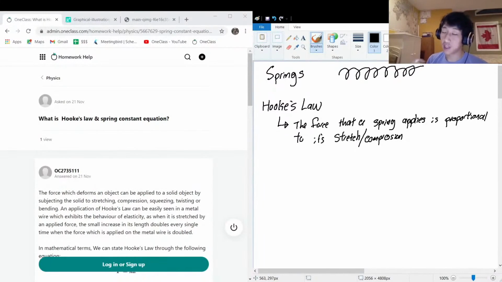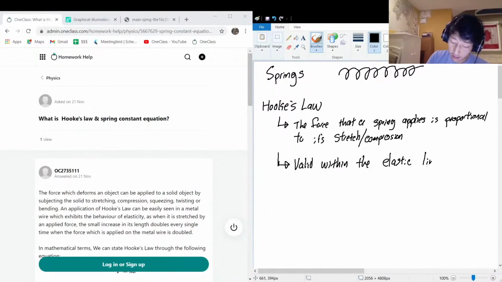The elastic limit is where you're starting to damage the spring and it's not going to act the same way. And instead of just saying proportional, it's linearly proportional.